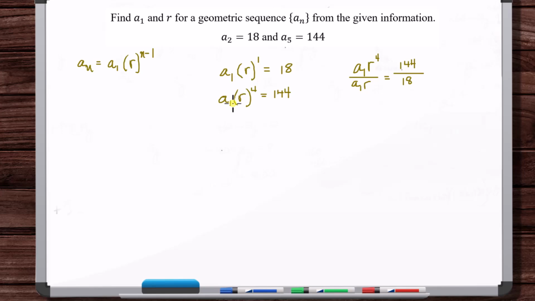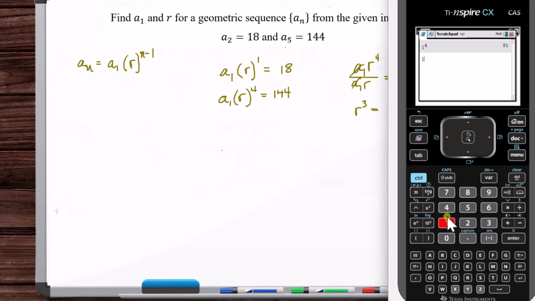You're dividing this side by 18, and the other side by a1 r, which is equal to 18. So these cancel. You get r cubed is equal to 144 divided by 18, which is 8.